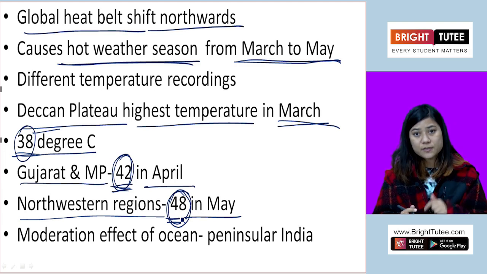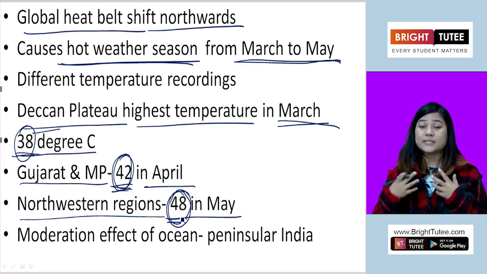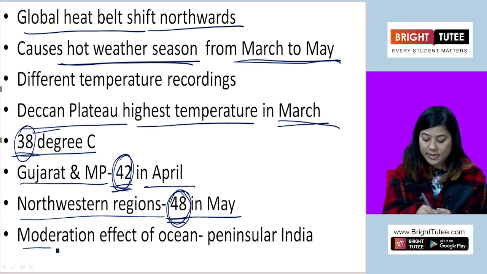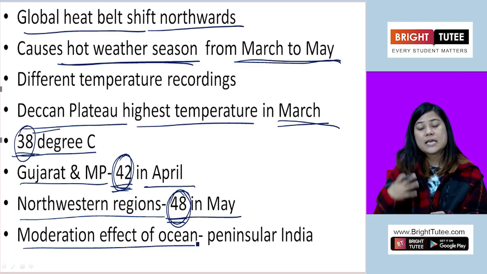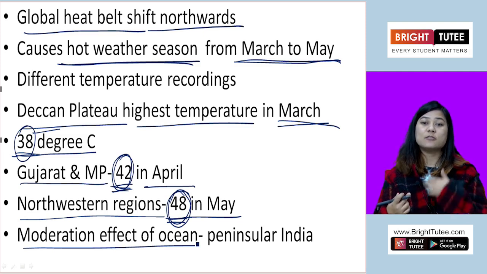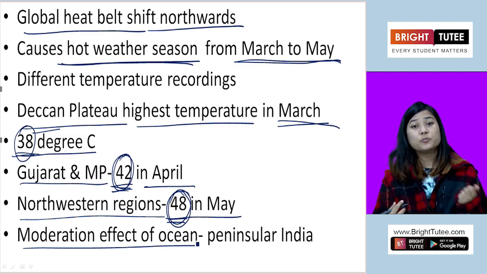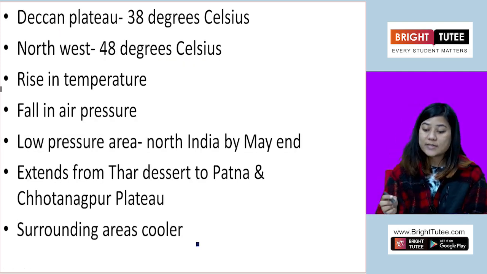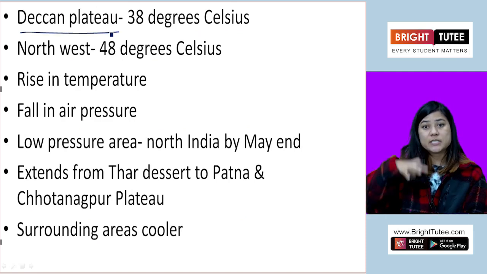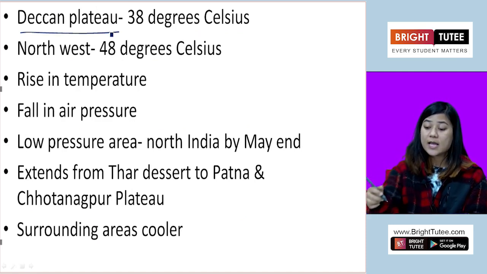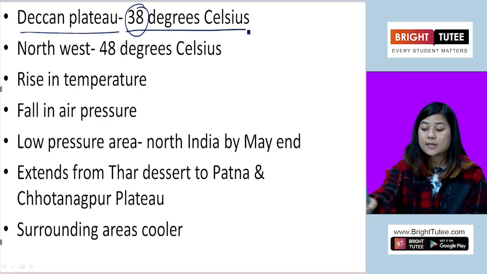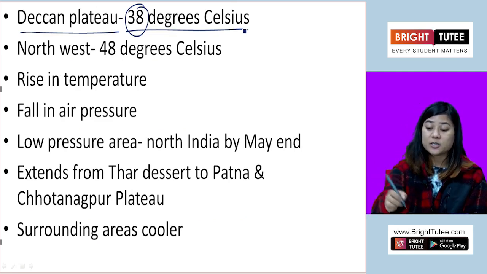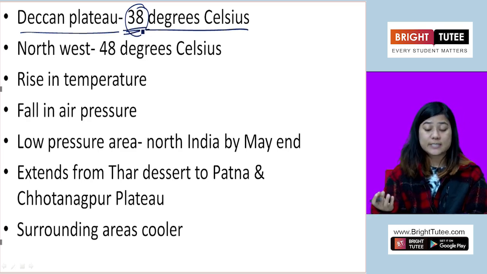Okay, so even during the summer, when the temperature is high, because of the moderating effect of the ocean, it is not as high as the northern part of India or the northwestern region of our country. So that is why the Deccan Plateau, which is in the peninsular part of India, records its hot weather season temperature as 38 degrees Celsius.